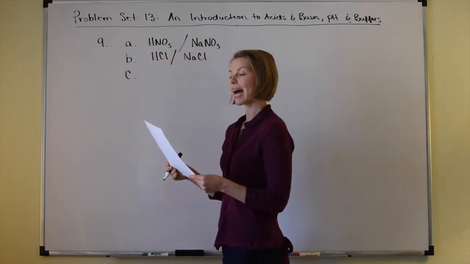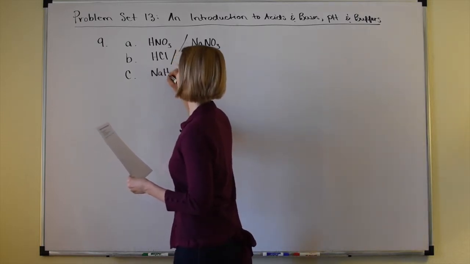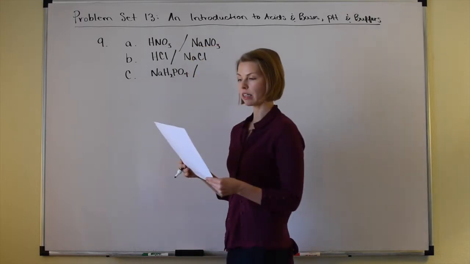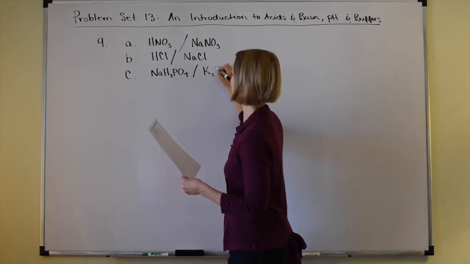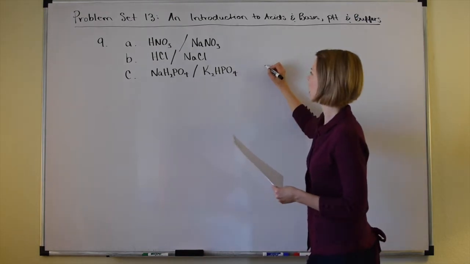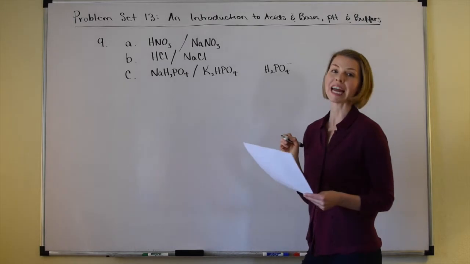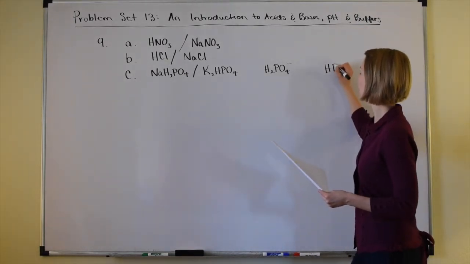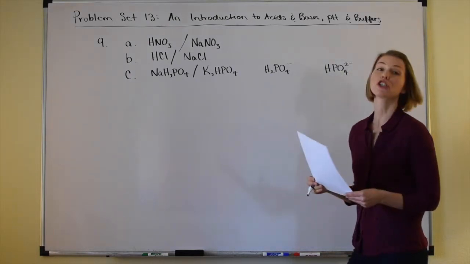C, sodium dihydrogen phosphate, so NaH2PO4, and potassium hydrogen phosphate. Okay, so I'm going to really quickly just write out the dihydrogen phosphate anion, which has a formula H2PO4 1 minus, and the hydrogen phosphate anion, which is HPO4 2 minus.